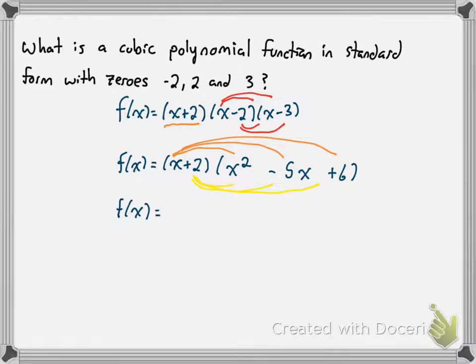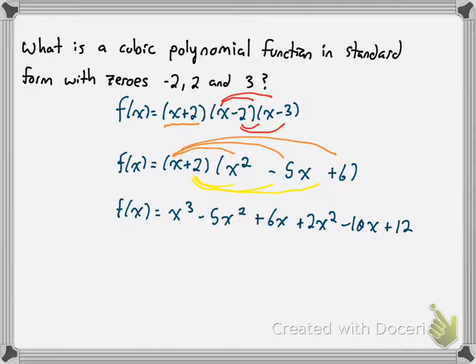Multiplying out the x to the x squared would leave me with x cubed minus 5x squared, and then plus 6x. And then working with the 2, I'm going to have plus 2x squared minus 10x plus 12.